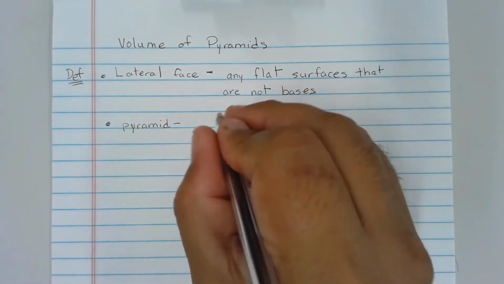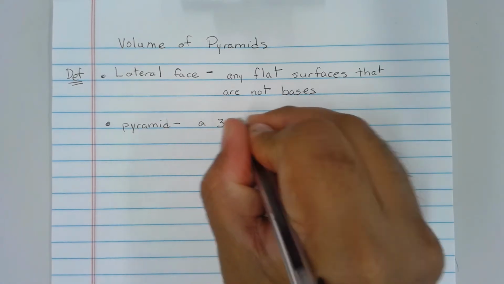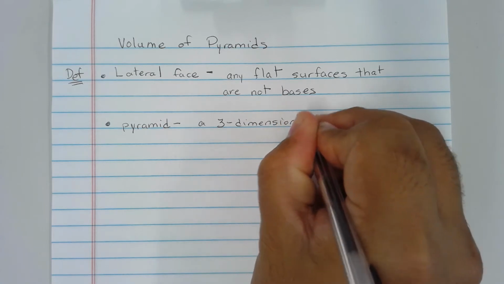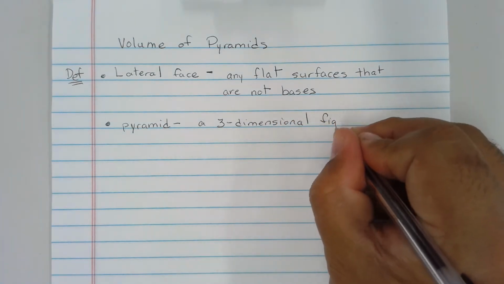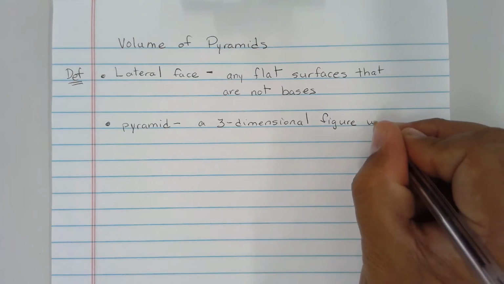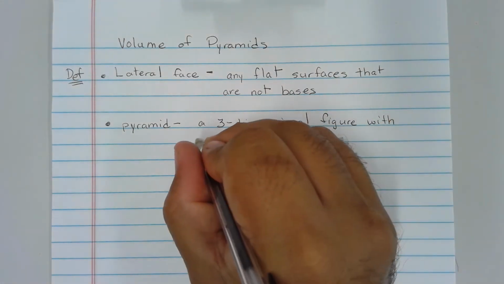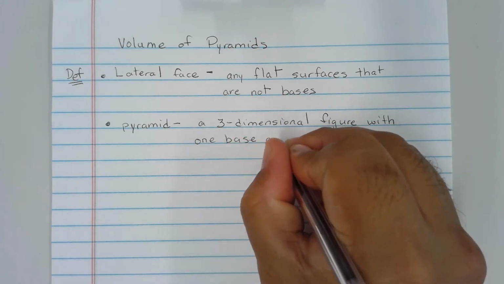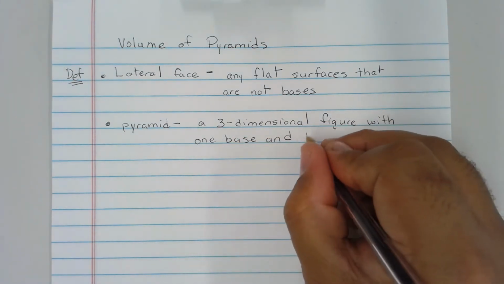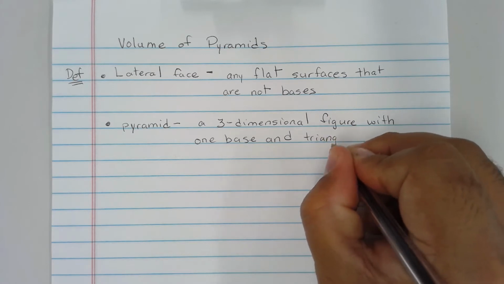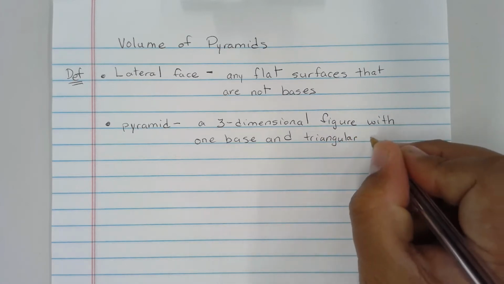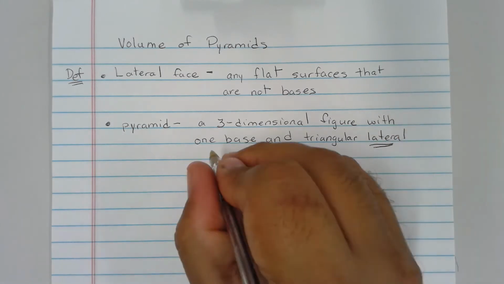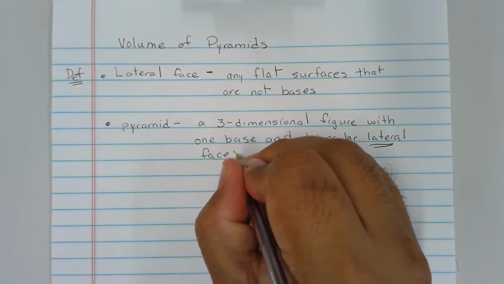Well, a pyramid is a three-dimensional figure with one base and triangular, keyword again, lateral faces.